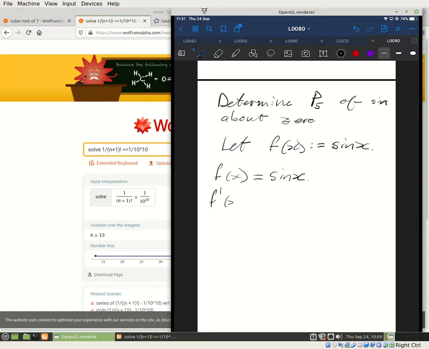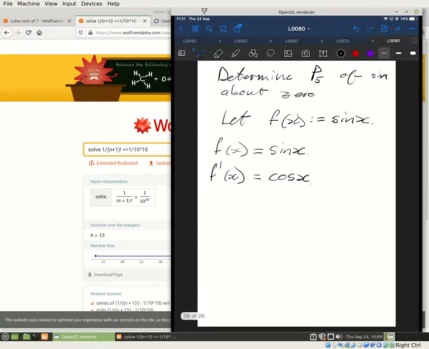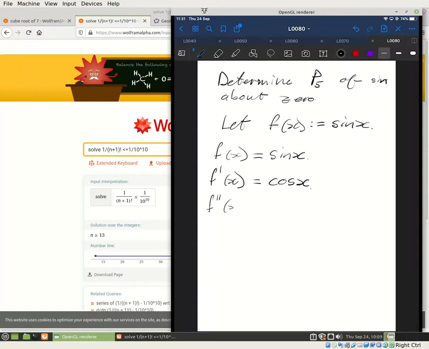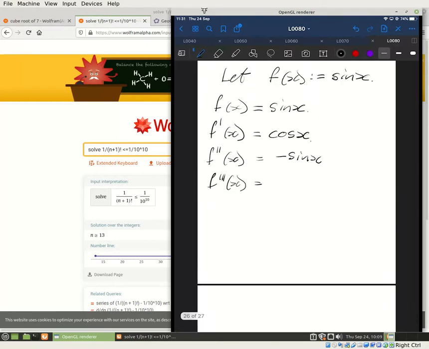First derivative of sine is cosine. Second derivative is minus sine. Third derivative is minus cosine.